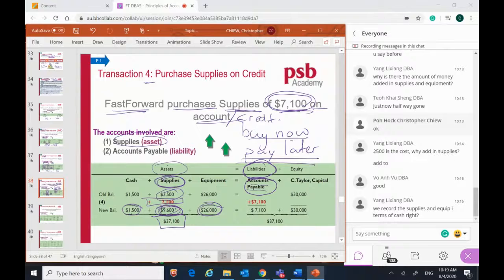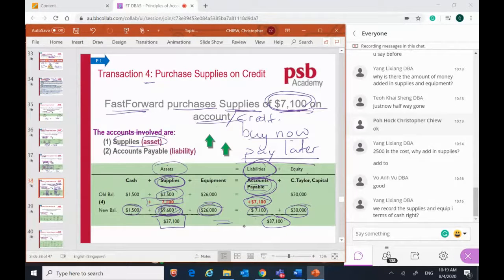In other words, you are owing. So now they have a liability because you are owing somebody money. He has a liability called accounts payable plus 7,100. So you owe 7,100 here plus the capital 30,000. The total on the right hand side is 37,100.